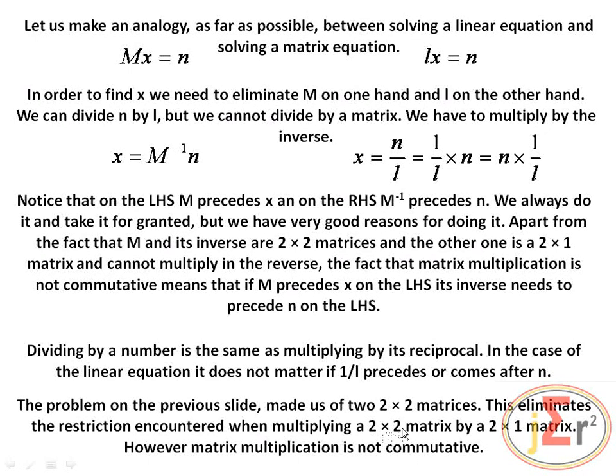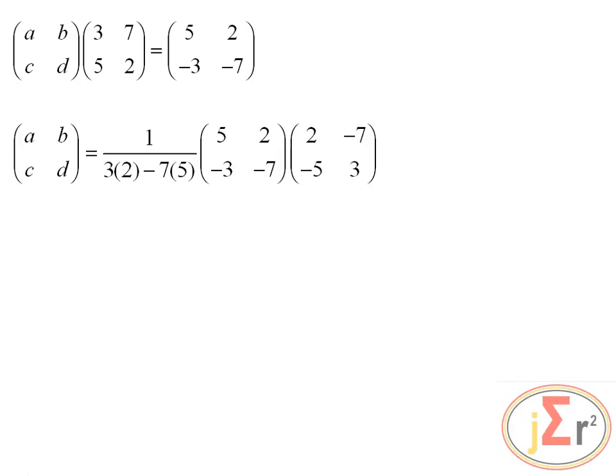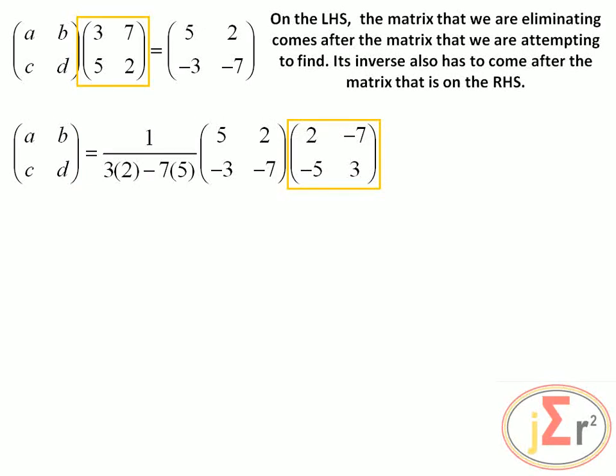We need to put it in the same way that we have on the left hand side, because matrix multiplication is not commutative. On the left hand side, the matrix that we are eliminating comes after the matrix that we are attempting to find. See? Right there. This is the matrix that we are attempting to find. The matrix that we are eliminating comes after. Its inverse also has to come after the matrix on the right hand side.